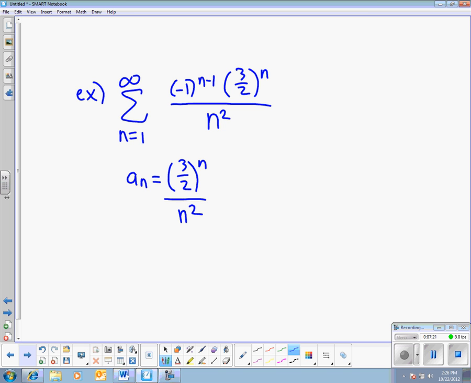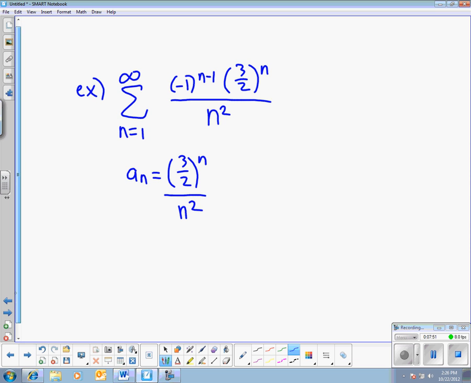I'm going to go ahead and finish the ratio test, but I'm hoping that some of you are thinking, these terms don't even appear to be going to 0 because the top is exponential and the bottom is a power. And since exponential dominates power, we should see that these terms diverge to infinity. But just for the practice of using the test, I'm going to go with the ratio test.